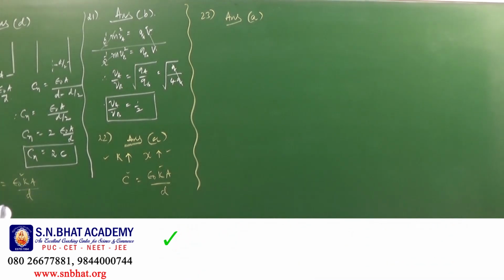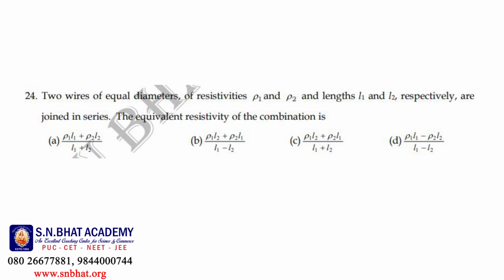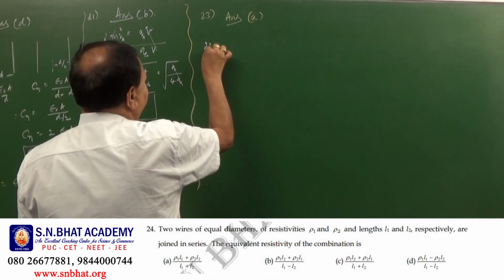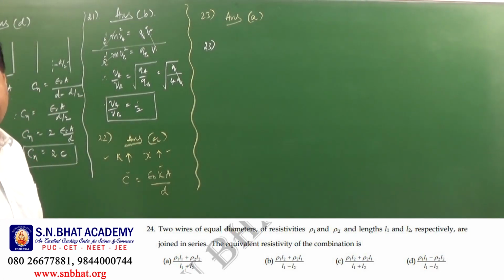Two wires of equal diameters, resistivity rho 1 and rho 2, lengths L1 and L2 respectively, are joined in series. The equivalent resistivity is? Diameter is the same, radius is the same and area is the same. Area will not change.